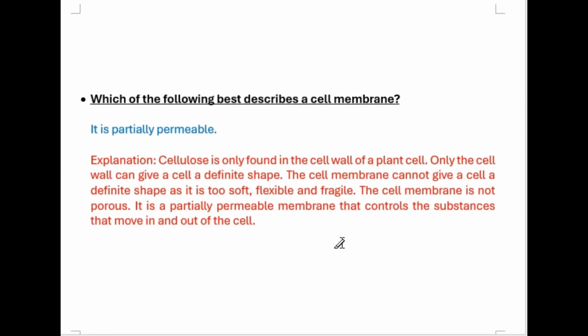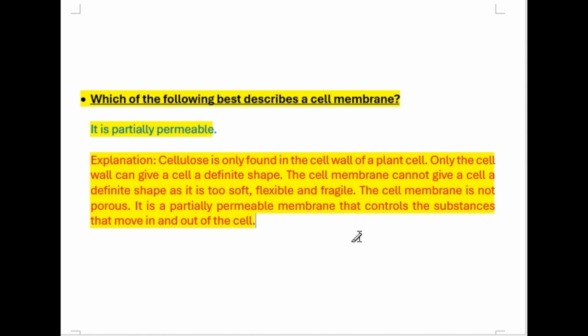Which of the following best describes the cell membrane? It is partially permeable. Explanation: cellulose is only found in the cell wall of a plant cell. Only the cell wall can give a cell definite shape.